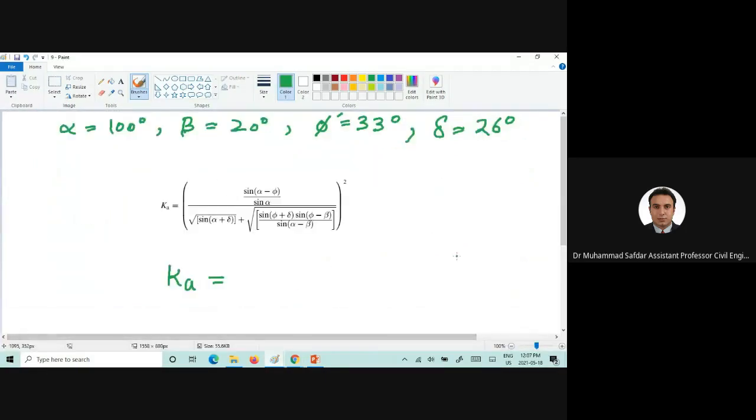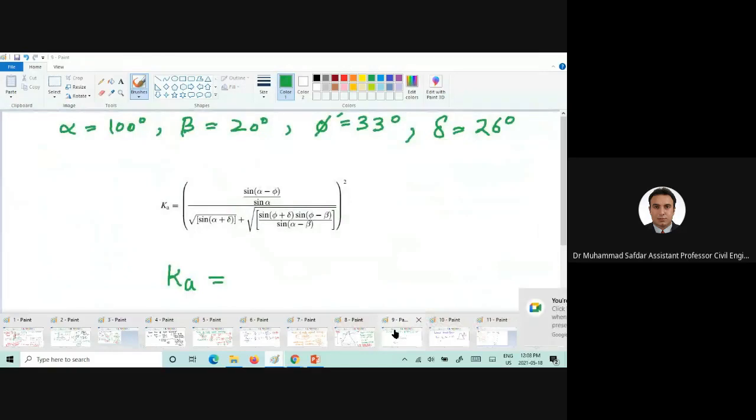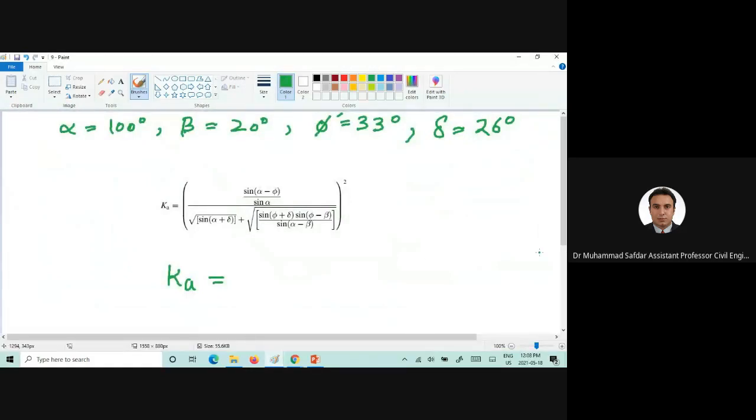If you remember, if the information of alpha, or the inclination of the gravity wall, is given, and beta, which is the inclination angle of the surface with the horizontal, please kindly use this equation and give me the value of the Ka, which we discussed in GeoTech 2 in the chapter of the retaining wall in the topic of lateral earth pressure using the Coulomb's theory.